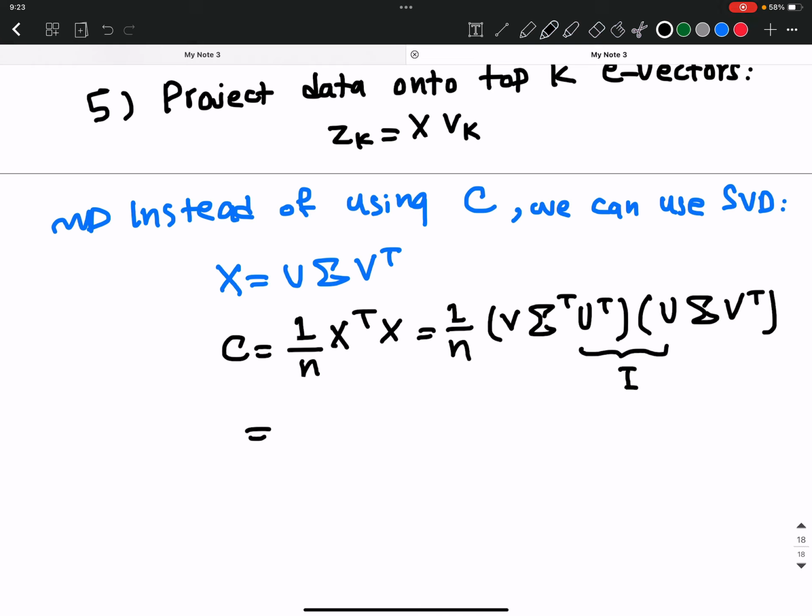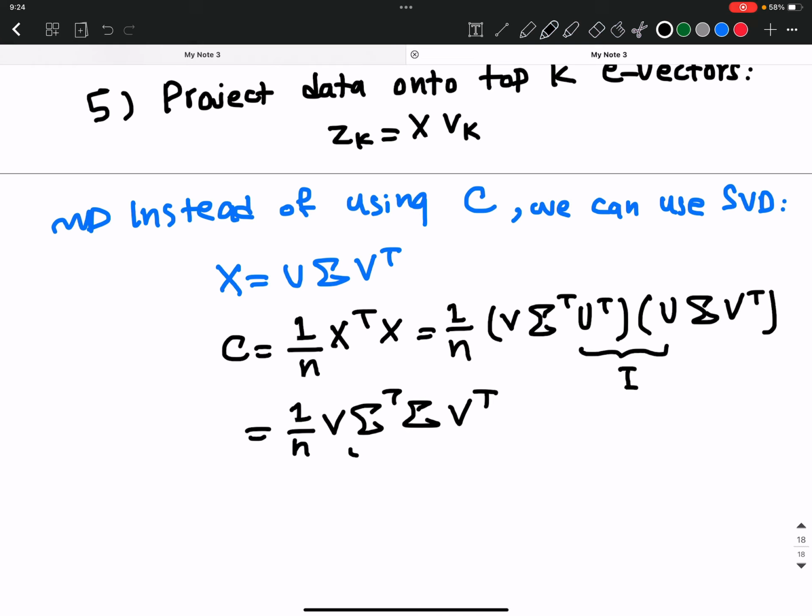This gives me 1 over n times V times sigma transpose times sigma times V transpose. Okay, so this will be my covariance matrix.